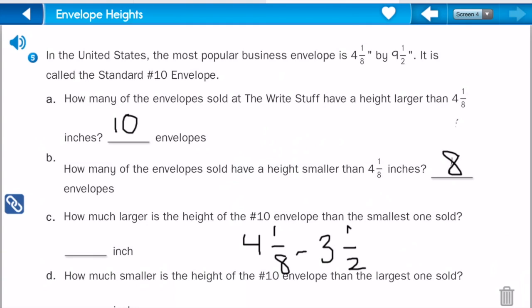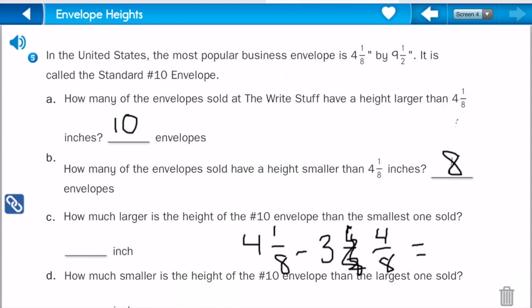Okay. So we need to change 3 1/2 to be the same. So 1/2, what would that be in eighths? Yeah, it would be 4/8, because 4 is half of 8.